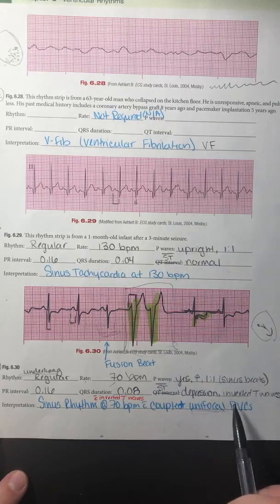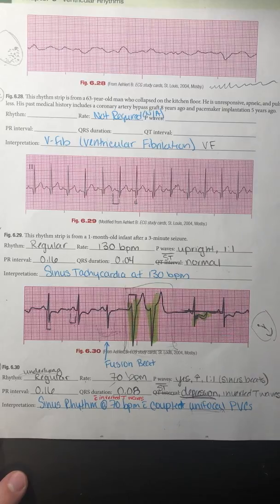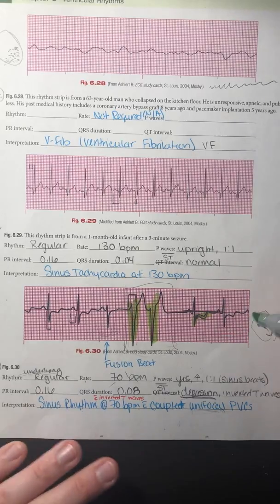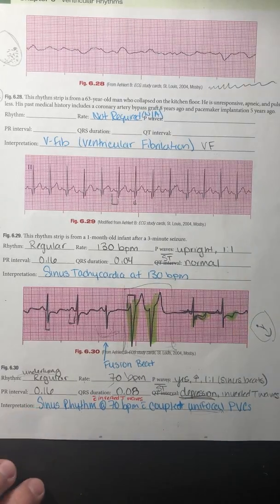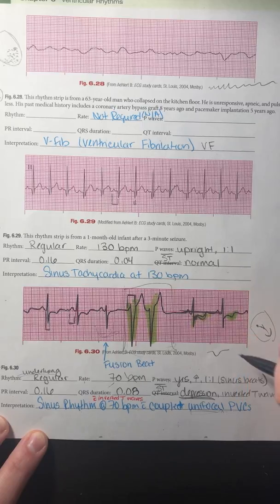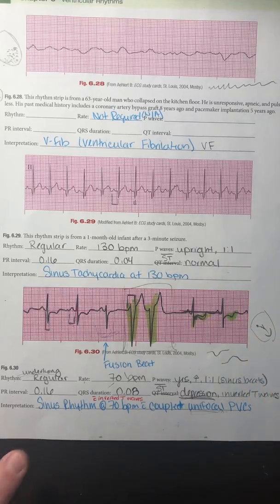So I do have ST segment depression. And I have inverted T waves, which I kind of highlighted that one there, but you can see here my T wave is inverted. So it dips below the isoelectric line instead of being a regular upwards deflection.